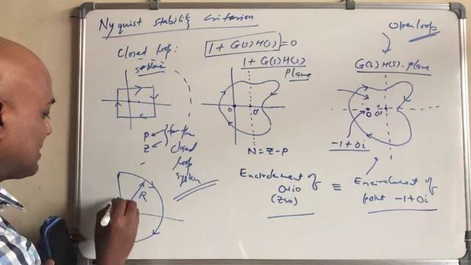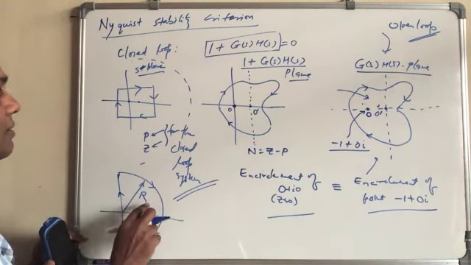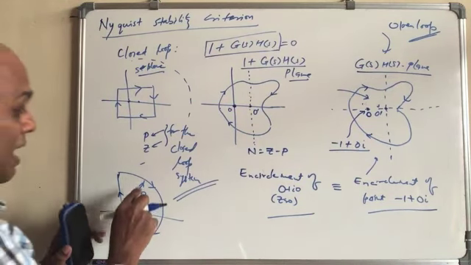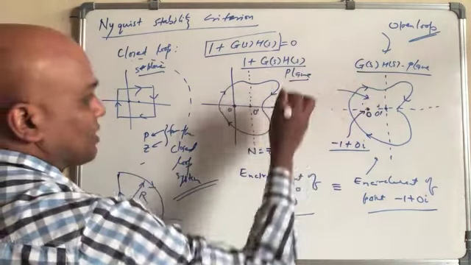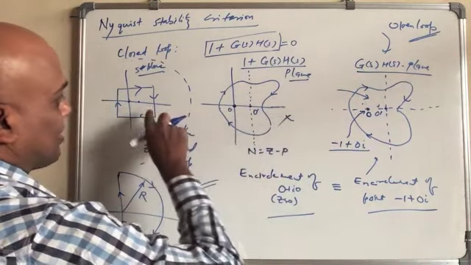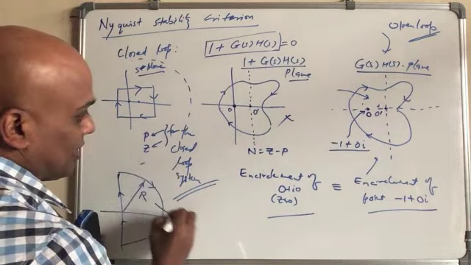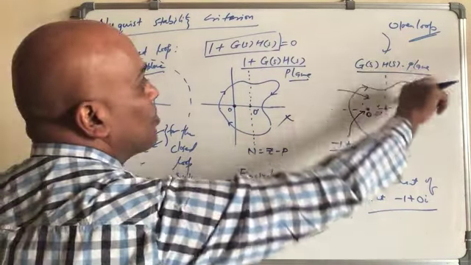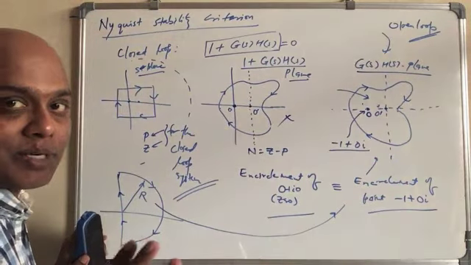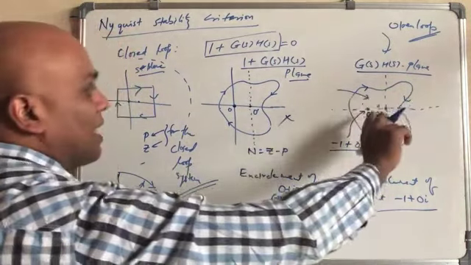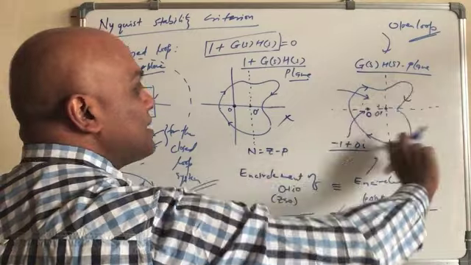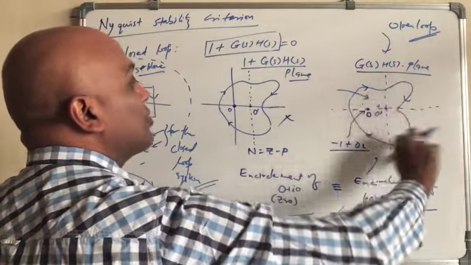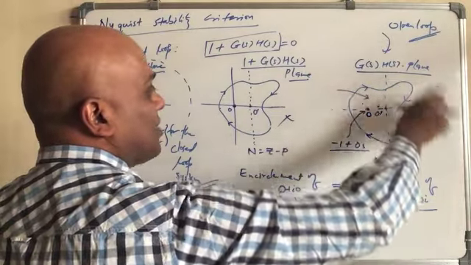Once you have taken that, you forget this now, go directly from here to here. Based on this, you plot the open loop transfer function here, simply, right? Okay, and then you check how it looks, whether it goes clockwise or anti-clockwise.